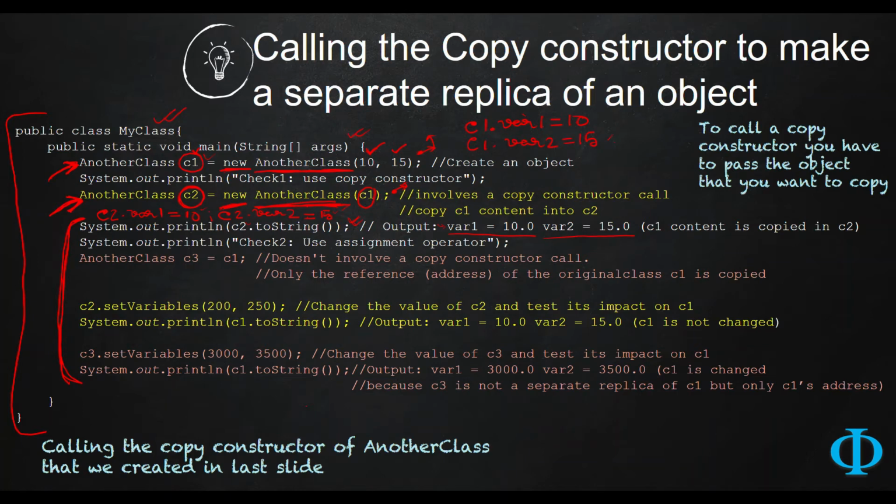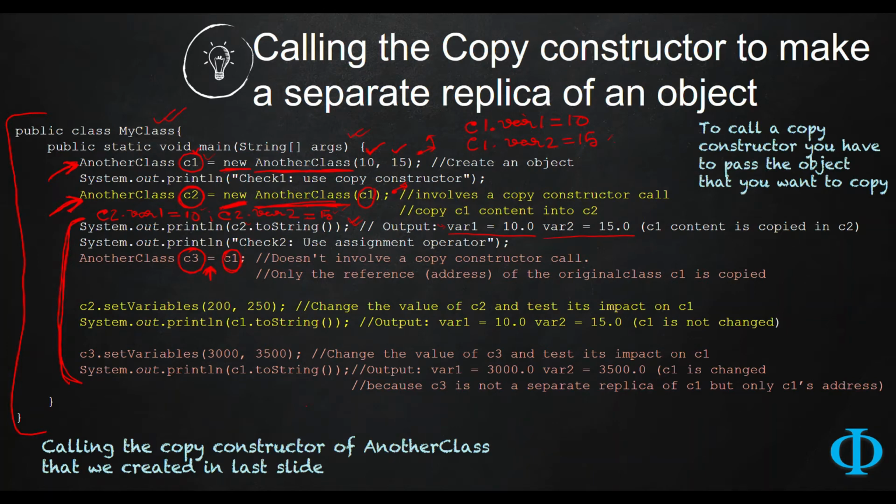Now let us create another object, C3, but this time instead of using the new keyword, I'm just using the assignment operator to copy the content of C1, which is actually not the correct way of doing things.